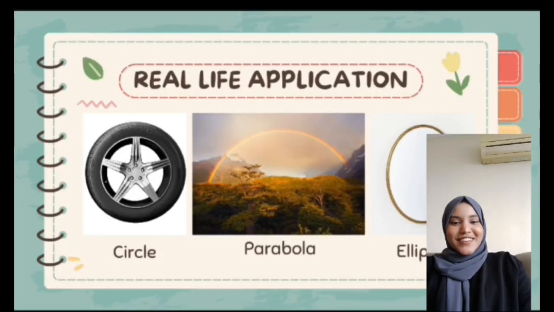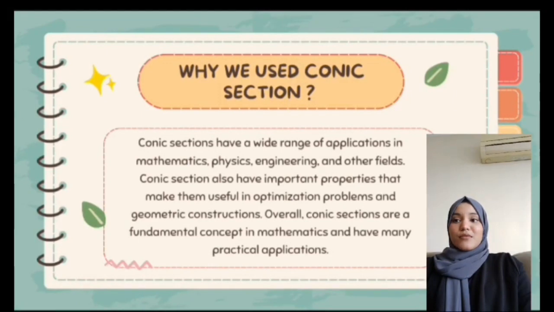So, a car tire is an example of a circle, a rainbow is parabola-shaped, and an oval-shaped mirror is similar to an ellipse. In the third slide, we can see why we use conic sections. Conic sections have a wide range of applications in mathematics, physics, engineering, and other fields.